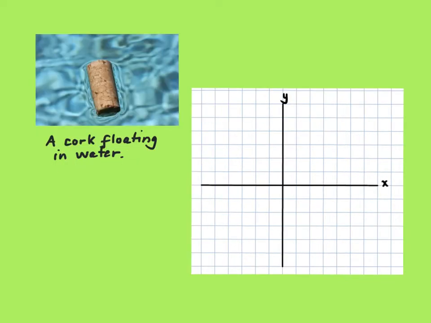A cork floating in water. So we're going to have gravity, and the force upward is that force that we call a buoyant force. So again, our acceleration is 0, so our net force is going to be 0.